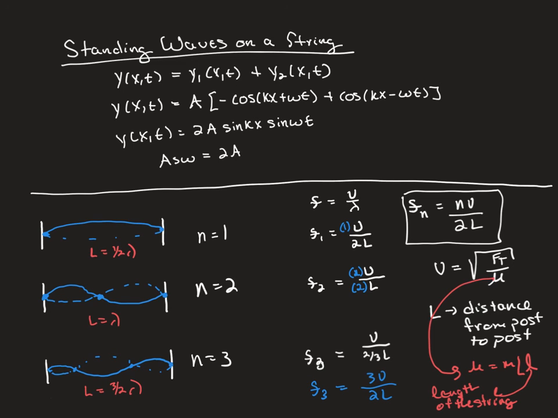So the actual length of the string that was vibrating and contained the standing wave was from the tuning fork to the edge of the table. But then the rest of the length of the string would hang over the edge of the table with some mass attached to create tension inside of the rope. So the linear mass density would be calculated using the entire length of the string, whereas the fundamental frequency would have been calculated using the distance between the tuning fork and the edge of the table. Those are not necessarily the same values, so keep that in mind.